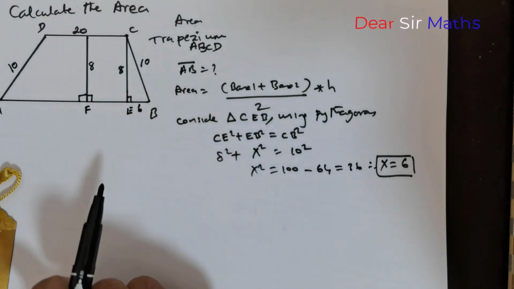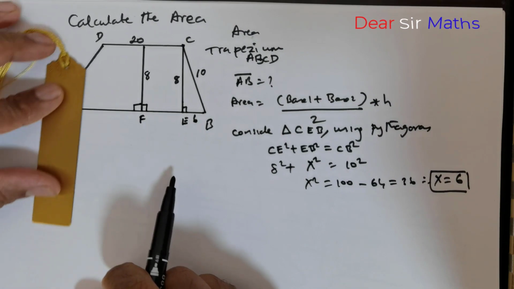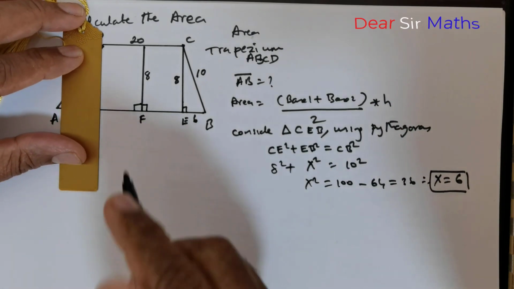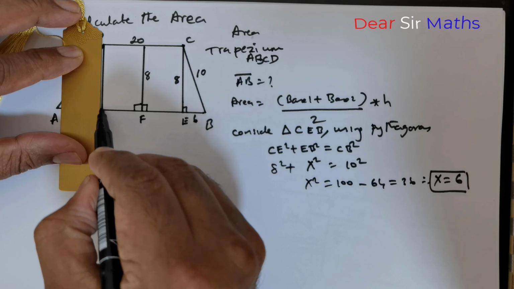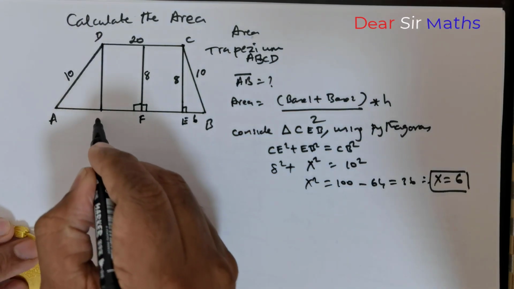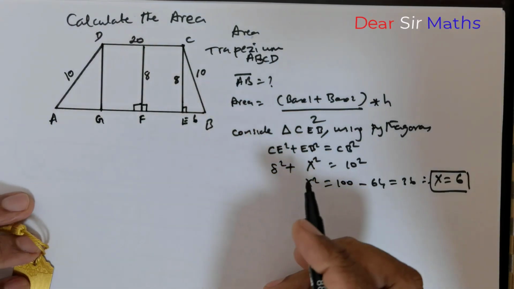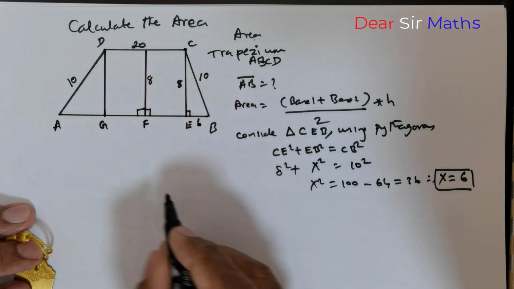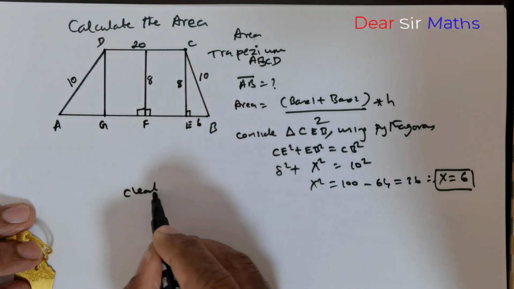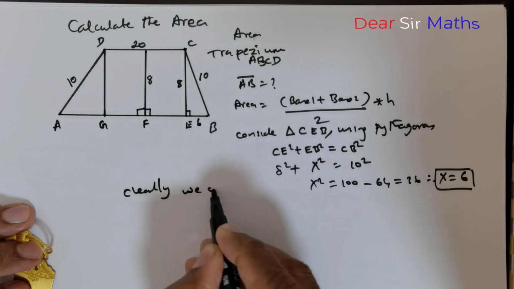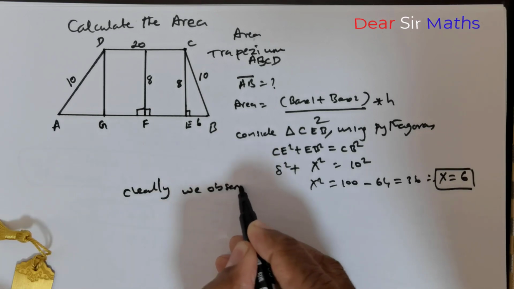So we got that. Now next, what I wish to do is drop a perpendicular from D to this point. Let me call it G. Now clearly we can see, we observe that. So what do we observe?